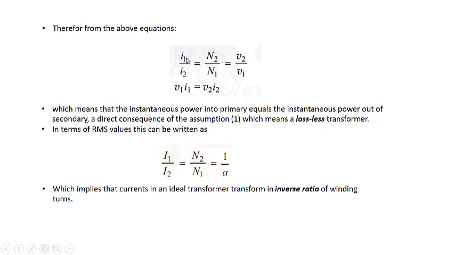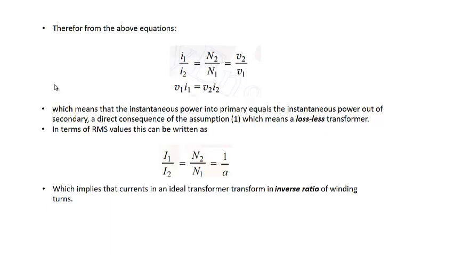When you multiply them, this and this, I1 V1 is equal to I2 V2. Which means that instantaneous power into the primary equals the instantaneous power out of the secondary. This is also the consequence of the first assumption that we have made, that the transformer is ideal.